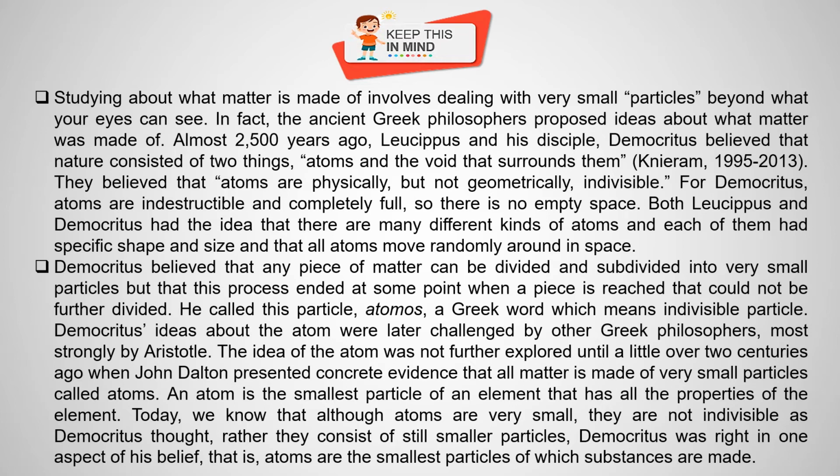Today, we know that although atoms are very small, they are not indivisible as Democritus thought. Rather, they consist of still smaller particles. Democritus was right in one aspect of his belief. That is, atoms are the smallest particles of which substances are made.